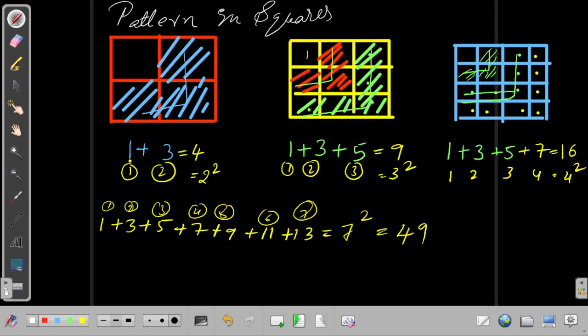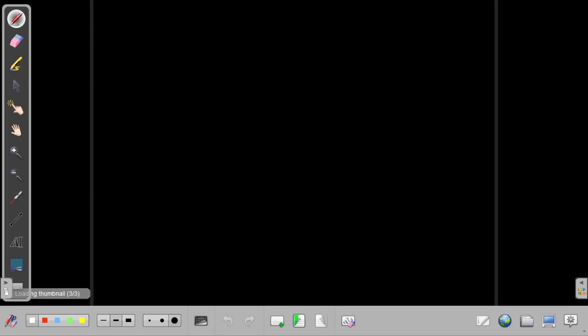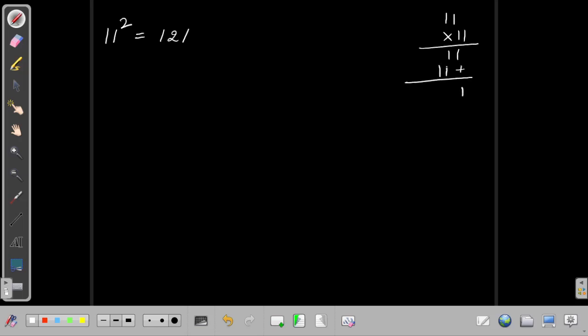Okay, right. So let us move to another concept, that is one more pattern. See now, 11 square we can write as 121. If you do the multiplication, you will get the same answer. 1 2 1.